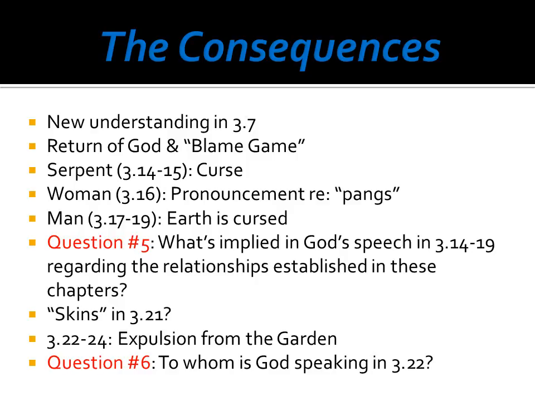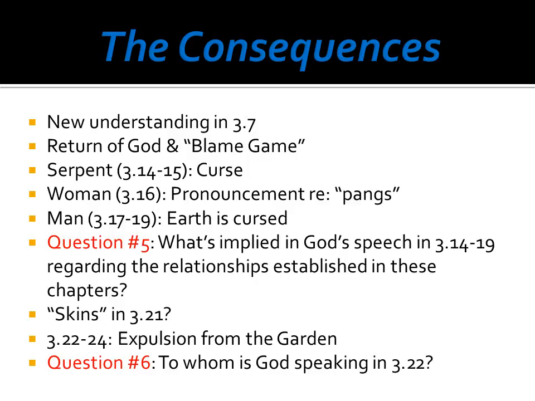As such, when we hear in verse 20 that the man names his wife like he named the animals earlier, we're not surprised to see this display of dominance on the part of man over woman, because their relationship, which previously had been based on equivalence, has now been ruptured.